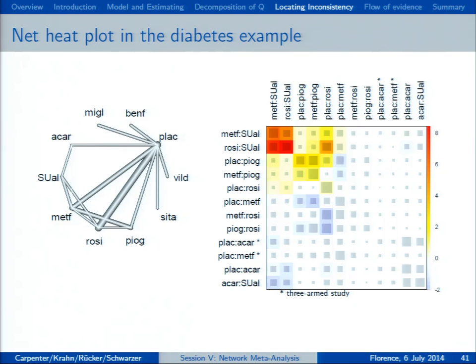So we can limit the inconsistency in the network to these 5 designs, and then, like in classical meta-analysis, we want to assess the sources of this inconsistency, and we can use subject matter considerations for subgroup analysis or meta-regression to analyze why there are these inconsistencies.